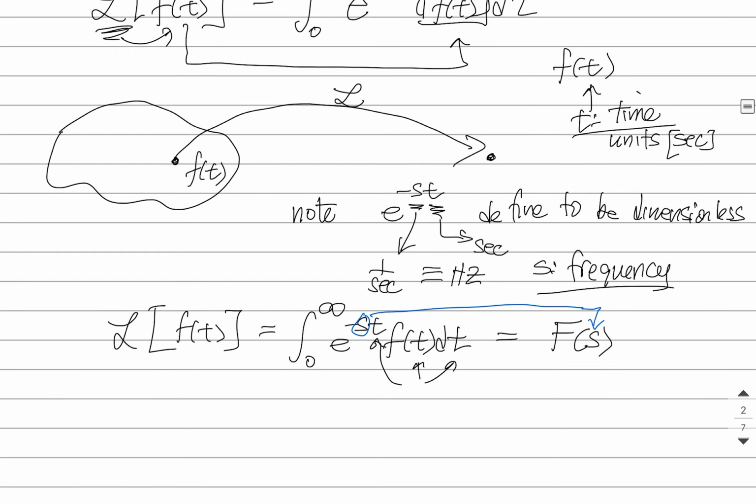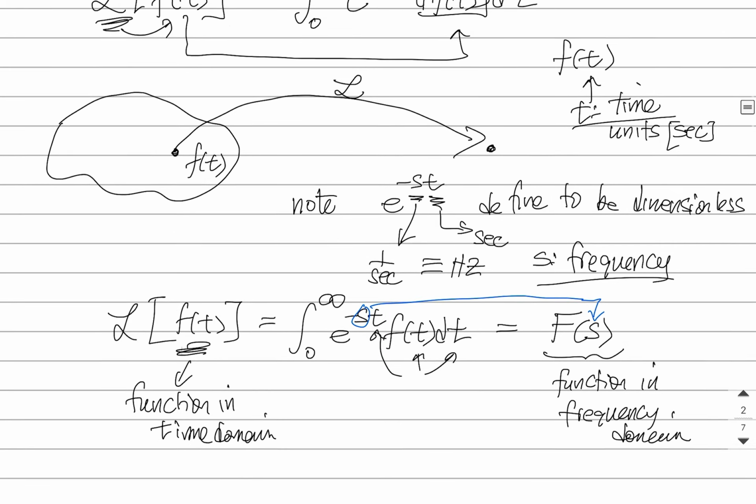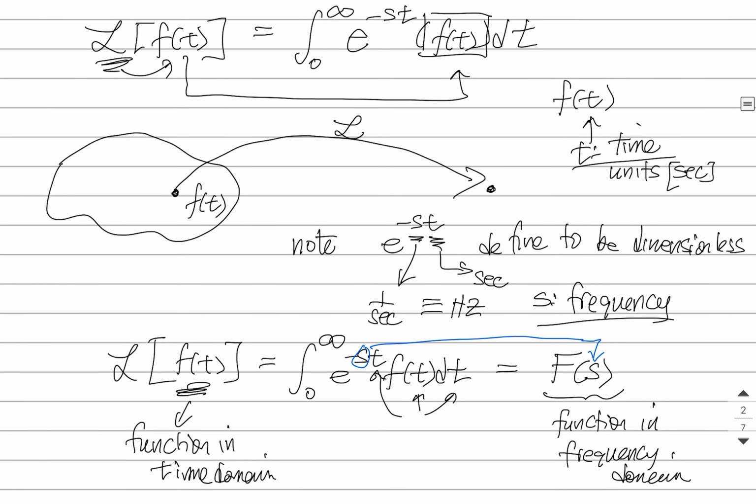Little f is a function in what we call the time domain, whereas this result that we get is a function in what we'll call the frequency domain. So we are going to take a function that's a function of time and transform it into a new function that's a function of frequency.